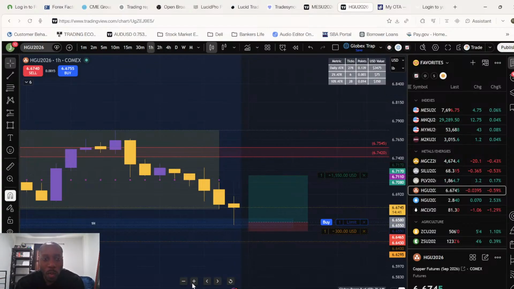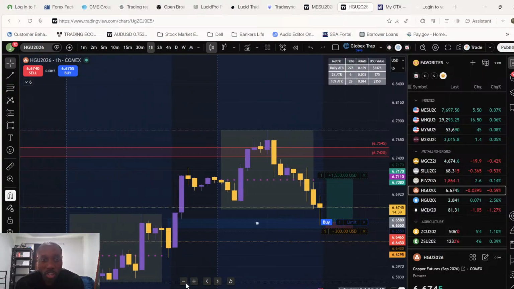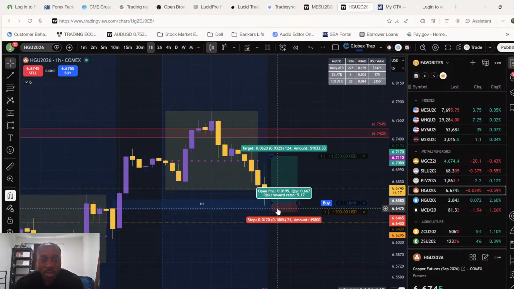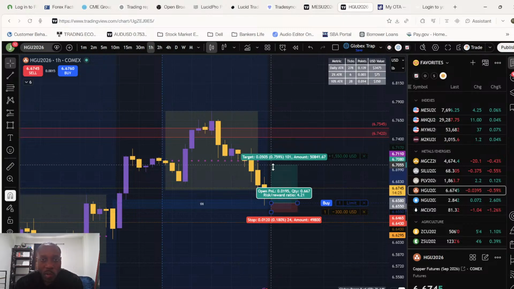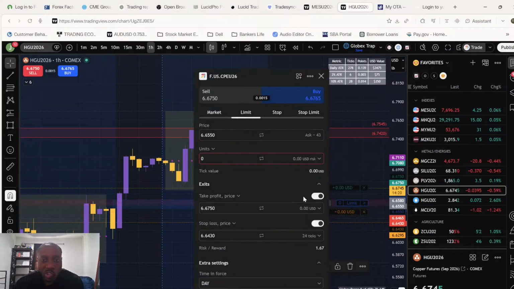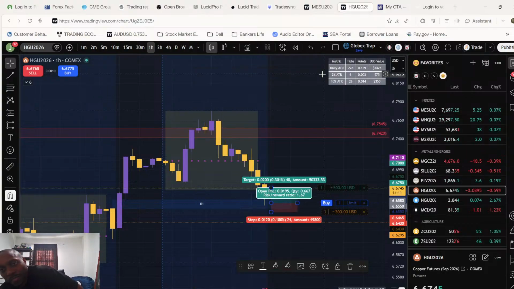Go out to look at if we had entered on that 1 hour demand zone, or excuse me, the 1 hour gap, which right now price has moved quite a bit from. Let's see how much money that would have been. Like 1.5 to 1.